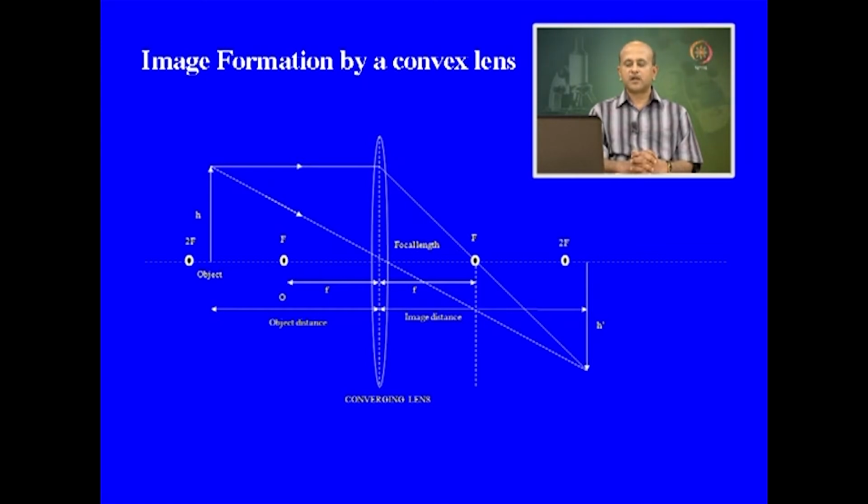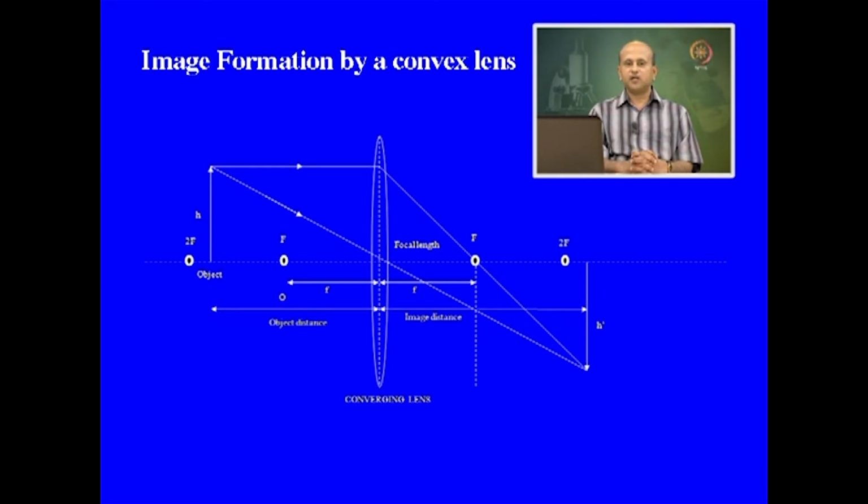Likewise, on the right side, the place where the image is being formed is called the image plane, and the distance between the center of the lens and the point where the image is being formed is called the image distance.